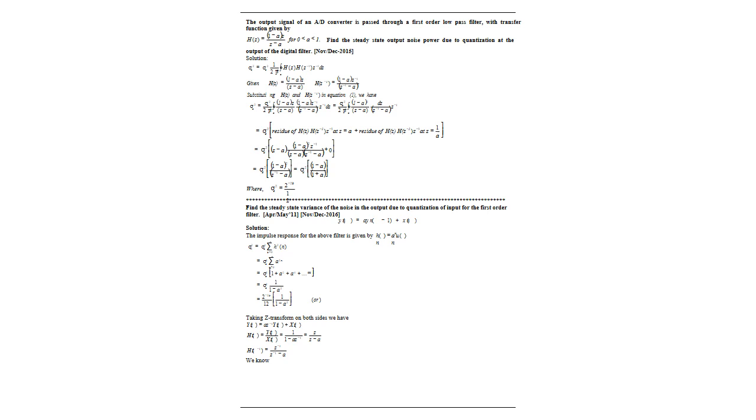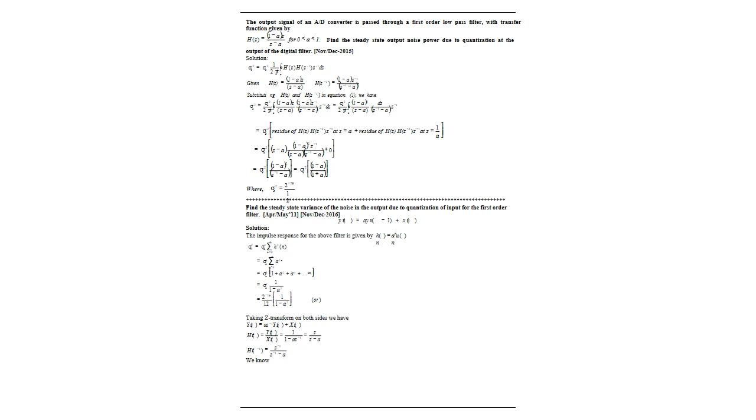So we will get sigma e squared by 2 pi j closed integral (1 minus a) the whole squared by (z minus a) into dz by (z inverse minus a) into z inverse. So that will be sigma e squared into residue of H(z) H(z inverse) at z is equal to a plus residue of H(z) H(z inverse) at z is equal to 1 by a.